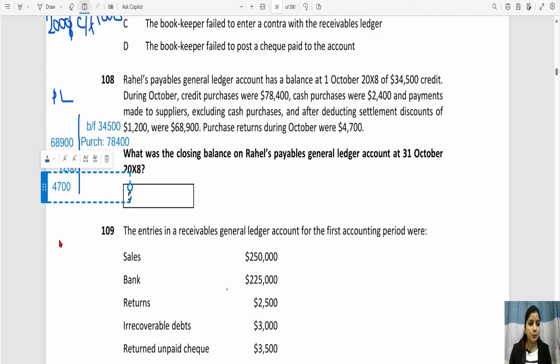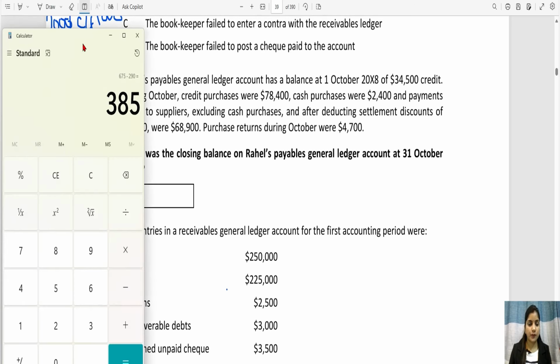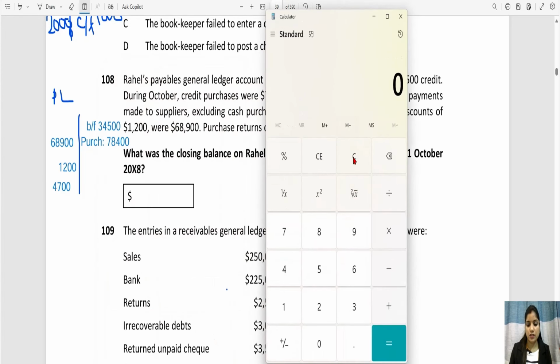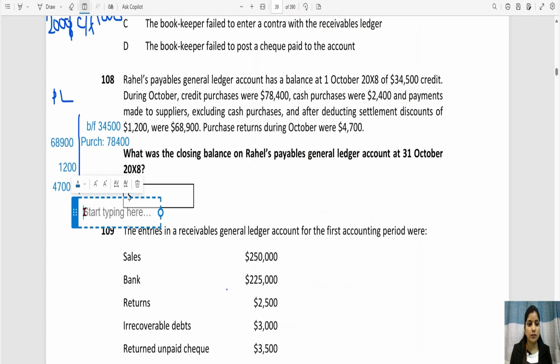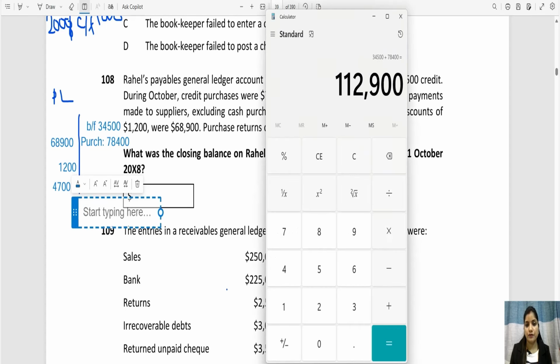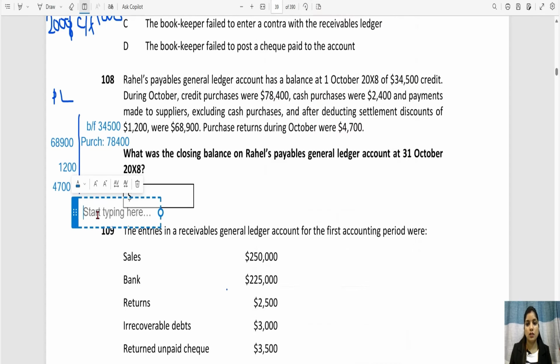So adding up, what is the total balance? Let's see. So we have 34,500, and we will add 78,400, right? So on the credit side the total balance is 112,900, right?